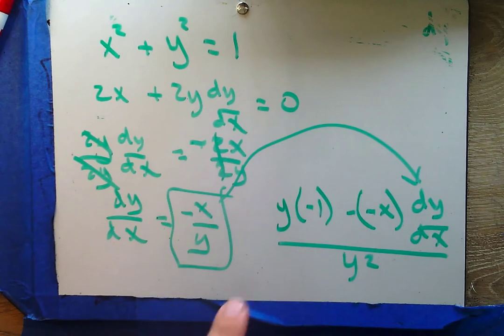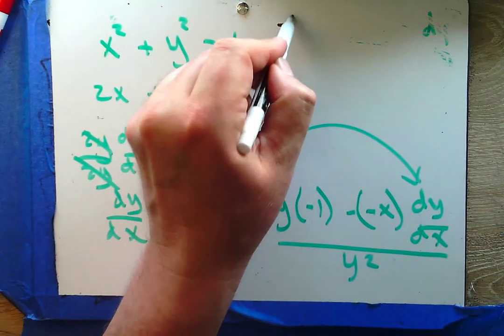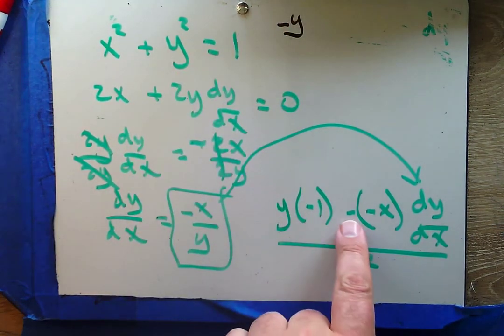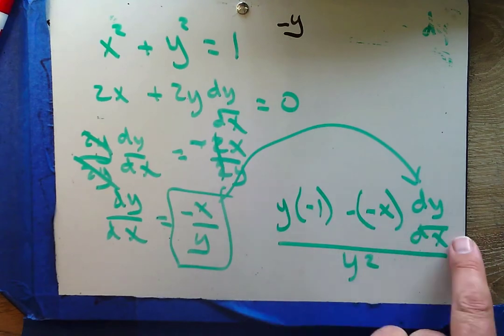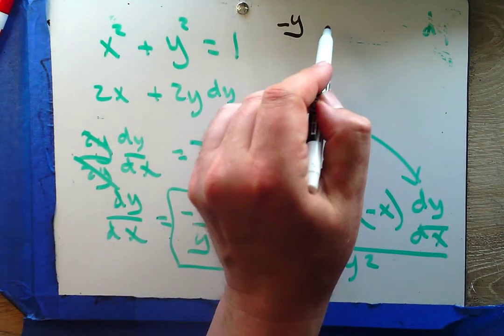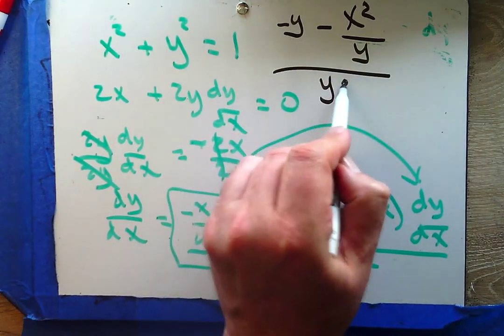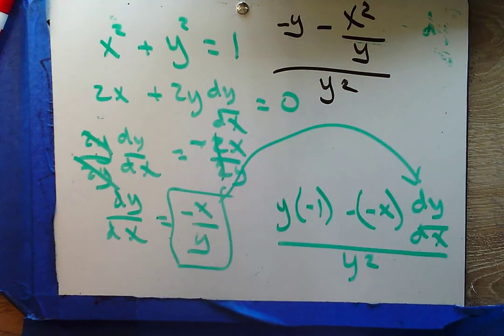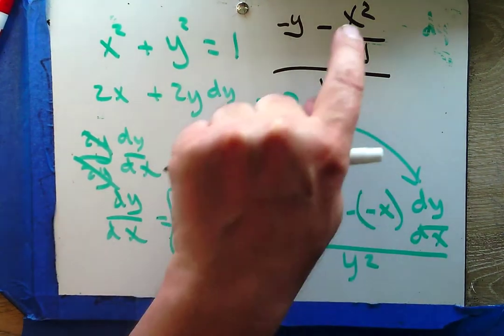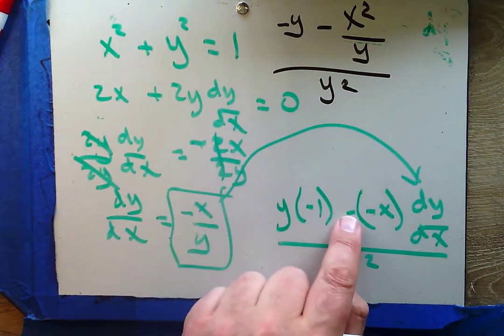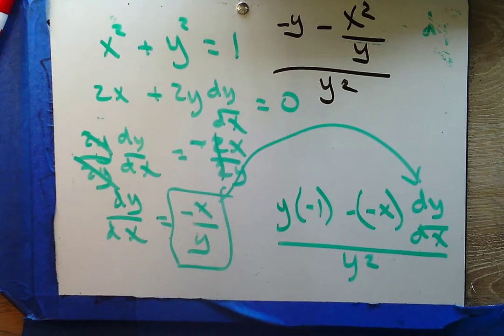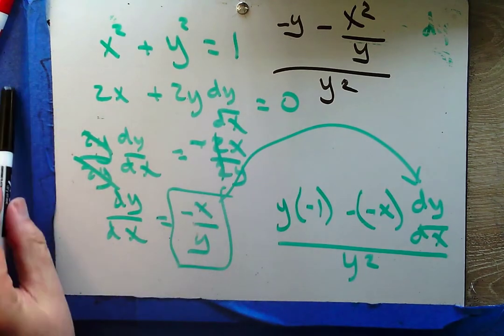Well, I'm going to have negative y minus x squared over y squared. Right, because that over y is this one. X squared. 1, 2, 3 negatives. Excellent. There's my second derivative.